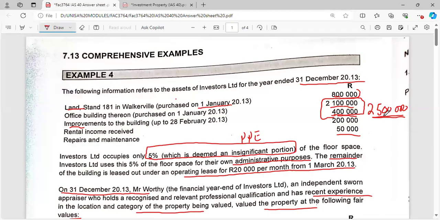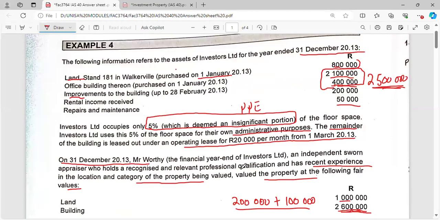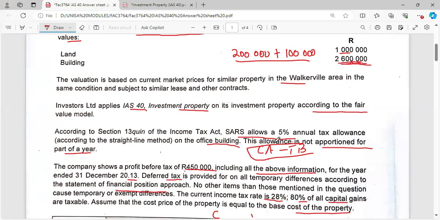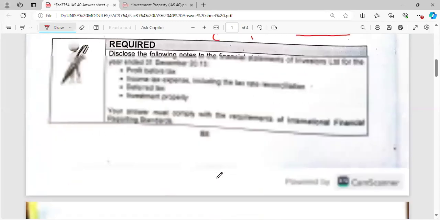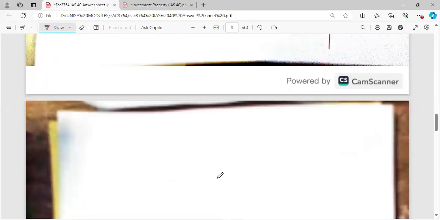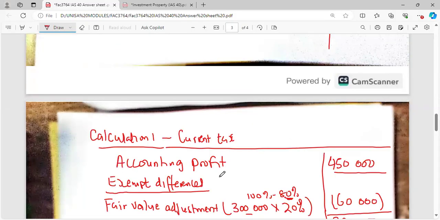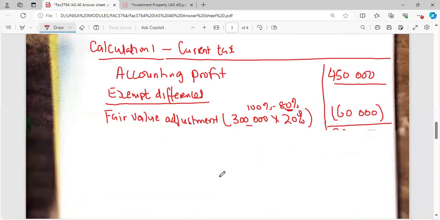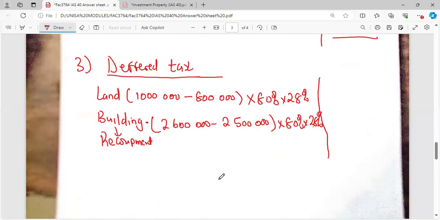The difference is now going to give you the recoupment, which is 2,500,000 minus 2,500,000 times the 5%. Where is that 5% here? Times the 5%, the tax allowance. So that's there. So which means you are going to have 2 million.